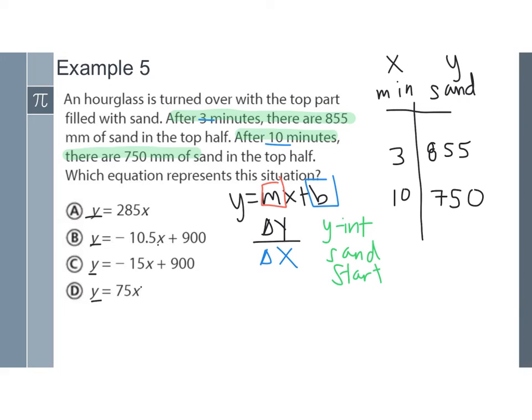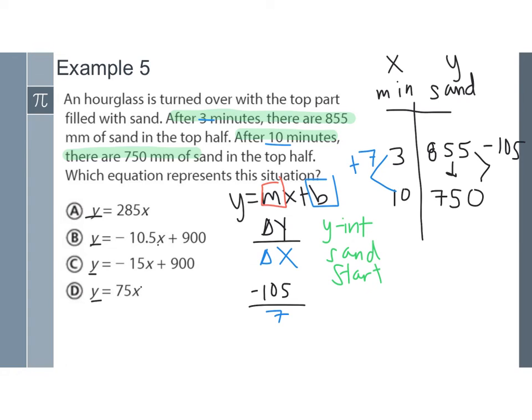For our change in y, we want to see the difference between 855 and 750. We can see we're going down, so it's going to be a negative number. 855 minus 750 is 105, so our change in y is negative 105. And now we need to find our change in x. If we start at 3 and go to 10, that's going up by 7.